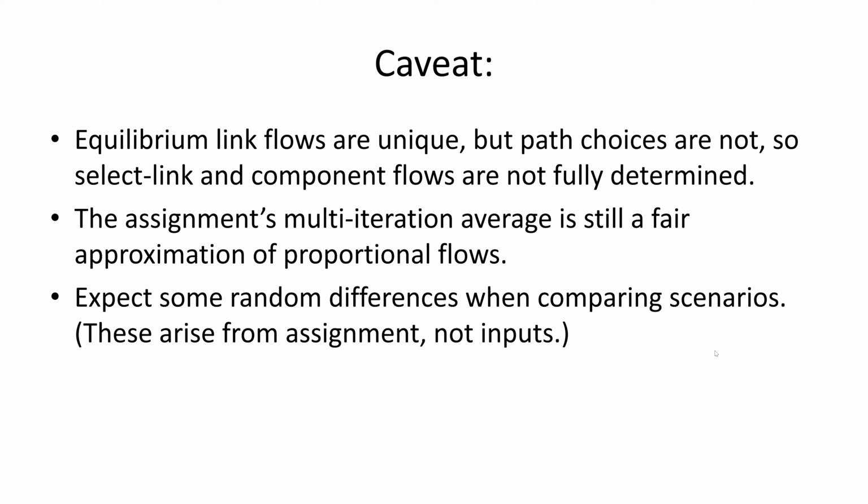And the assignment's multi-iteration average is still a reasonable, fair approximation of proportional flows. But even so, if you're comparing assignments between one scenario and another, you'll get spurious differences that you can't even converge away by tighter convergence criteria. They're just naturally due to not being fully determined. Next.